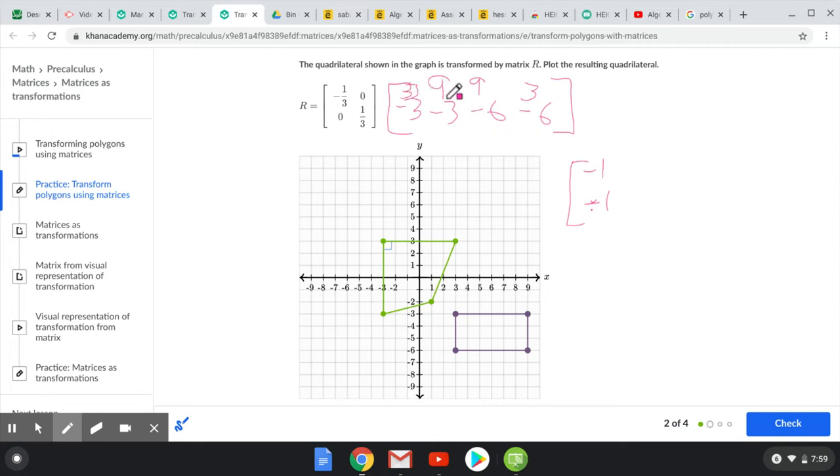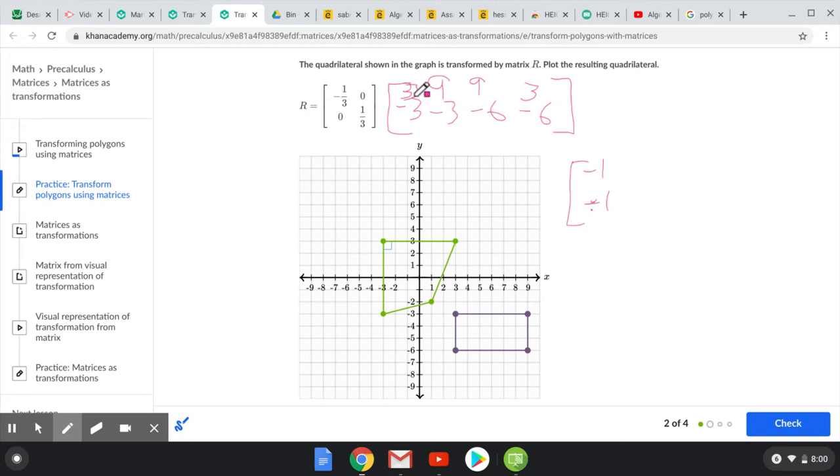So then I'm going to do that again. Now notice that because of this 0, I can kind of ignore that. So I'm going to start ignoring it. So for this next x value, I'm going to take -1/3 times 9 is -3. And then 0 times -3 is 0.